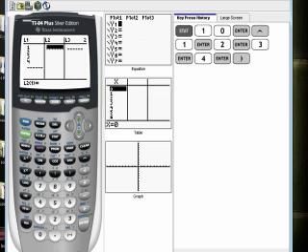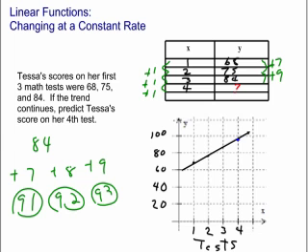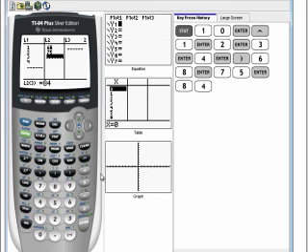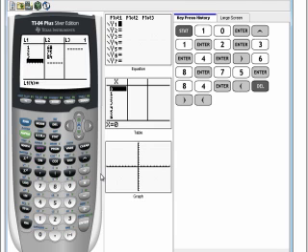In the second column, I'm going to enter my Y values: 68, 75, and 84. Since I don't have the value for the fourth test, I need to leave that one blank. What we're interested in finding is this last ordered pair.